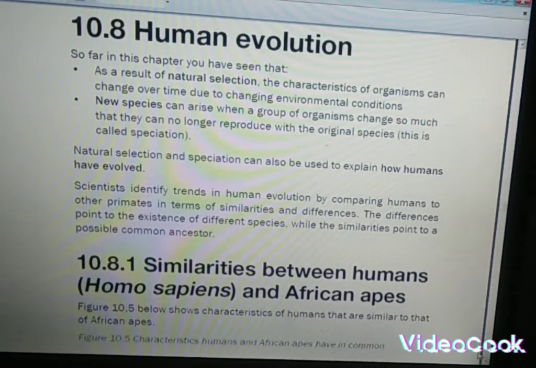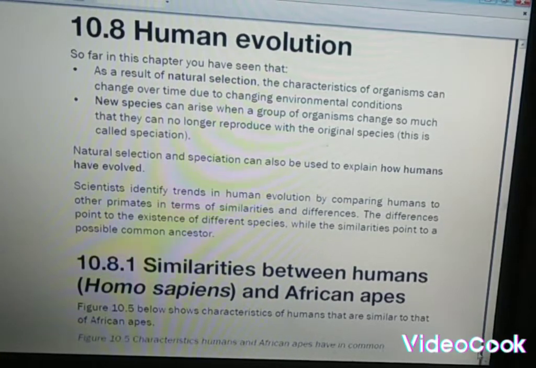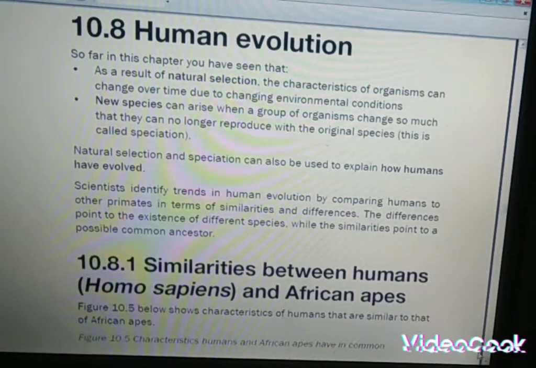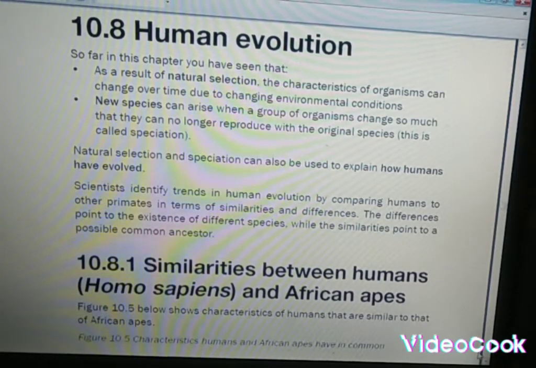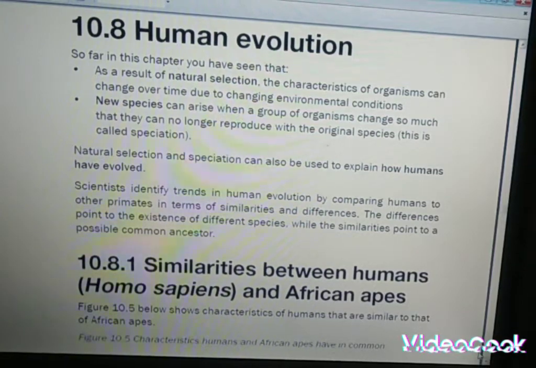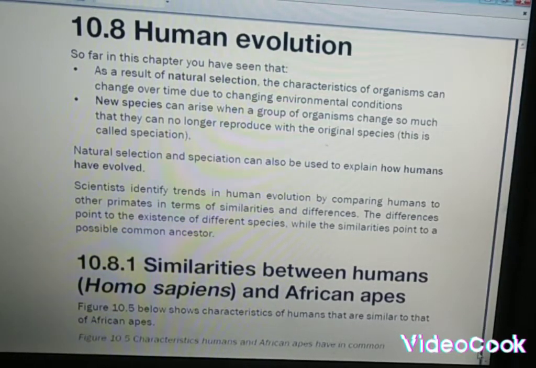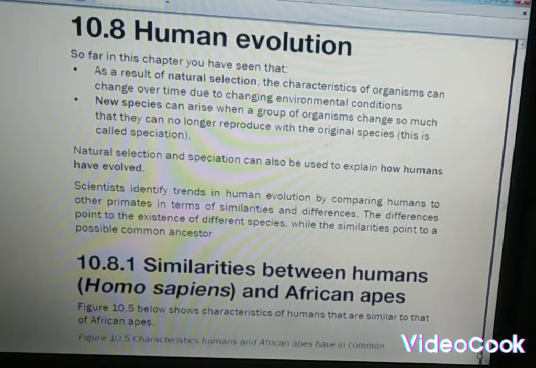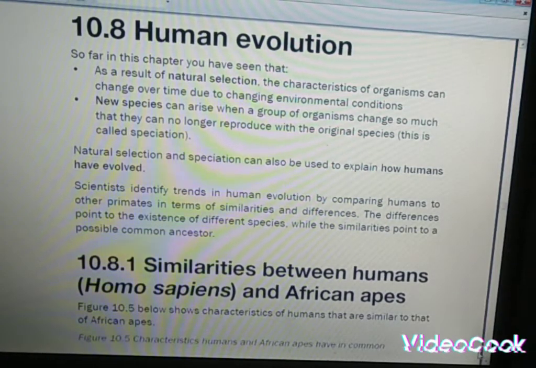When we talk of new species arising, we are saying when a group of organisms change so much that they can no longer reproduce with their original species, it's speciation. The new species produced over time can no longer reproduce with the original species that we had, right?